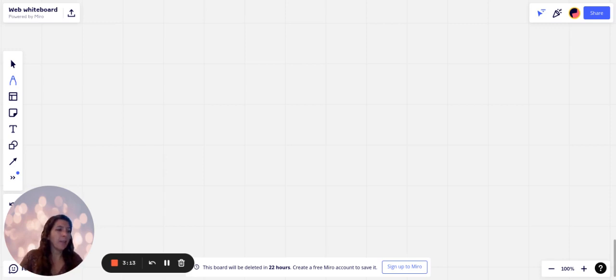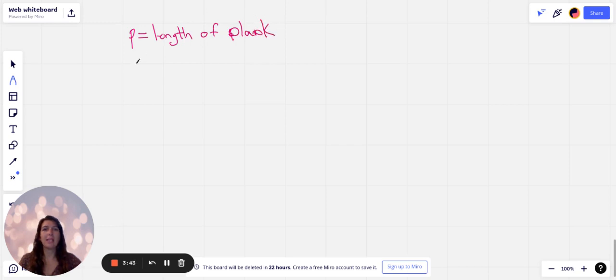It says, by placing planks of equal length end to end, Jules found that 3 planks. So let's define our variables. I've got a P for the length of plank. Once we get a little bit further in the problem, we'll also find that the length of the porch is important.